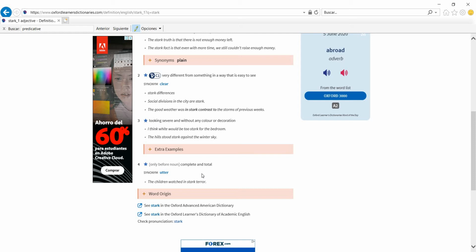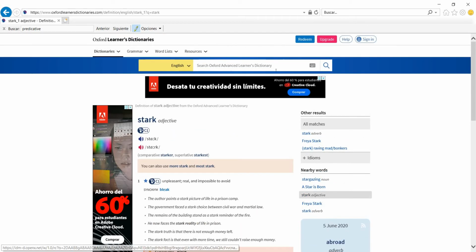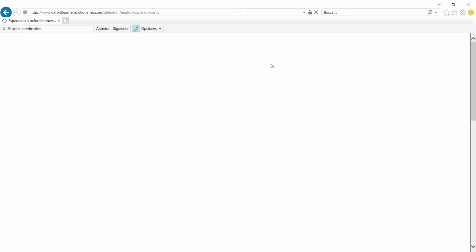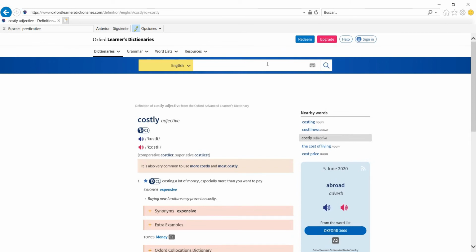Before we move on to entry number 13, there's a comment I want to make about several adjectives that end in ly but are adjectives, right? They may be taken as adverbs, but they're not, like costly, right? A costly house, a costly project, right? There you are, costly as expensive.